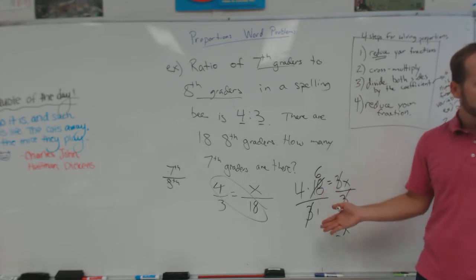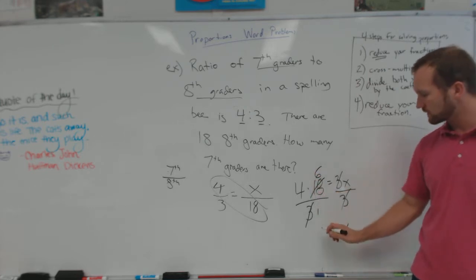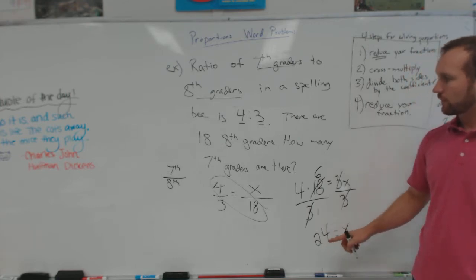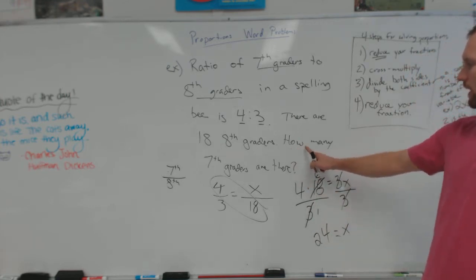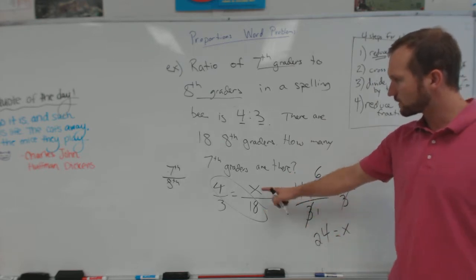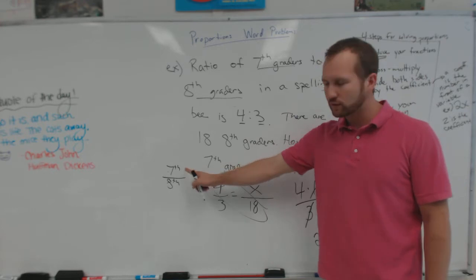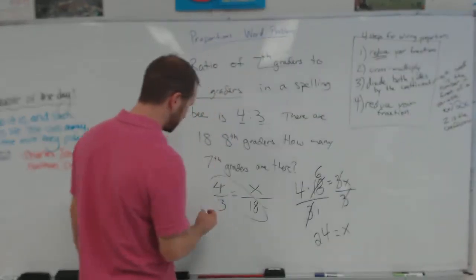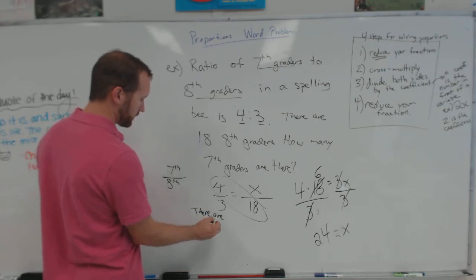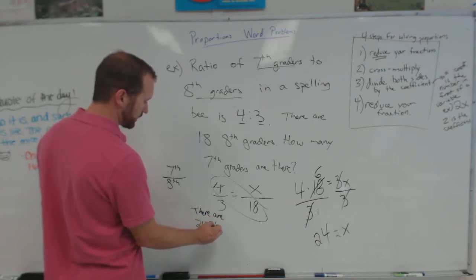I can ignore divided by 1. So I just have 4 times 6, or 24, is x. I'm going to look back at my problem. How many 7th graders? Okay, x is the number of 7th graders because it was on top of my fraction. So there are 24 7th graders.